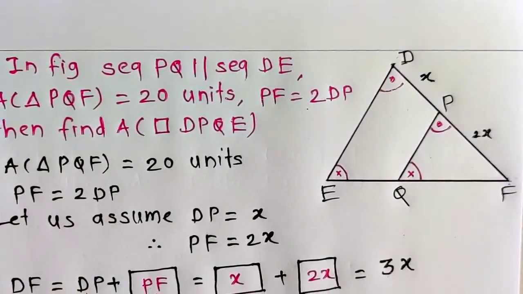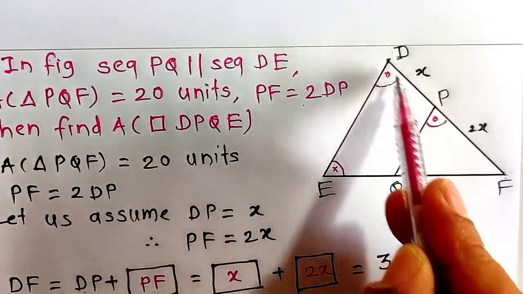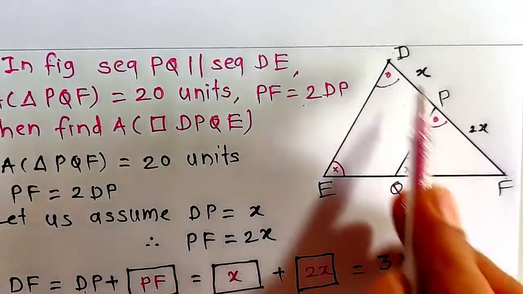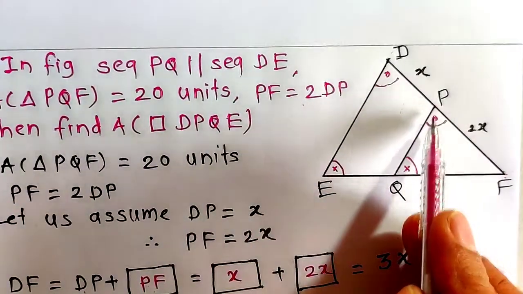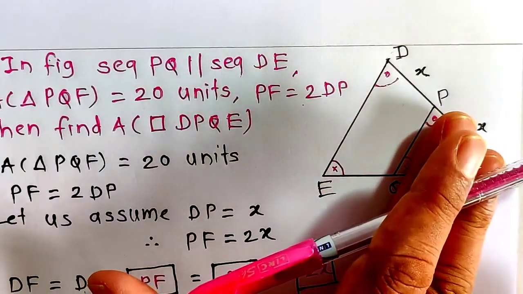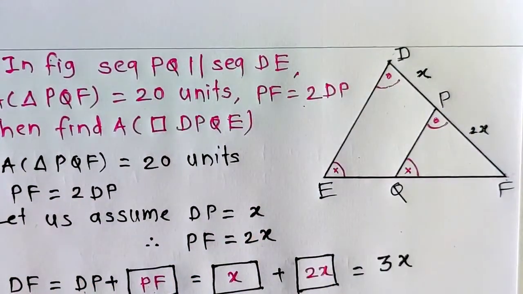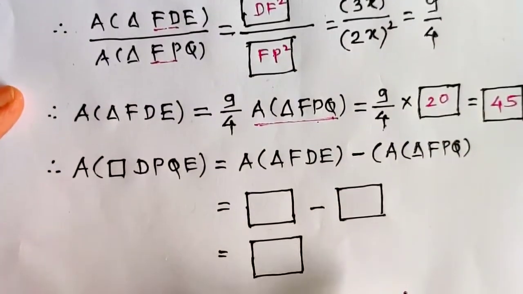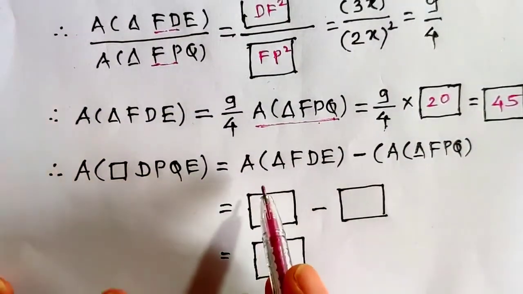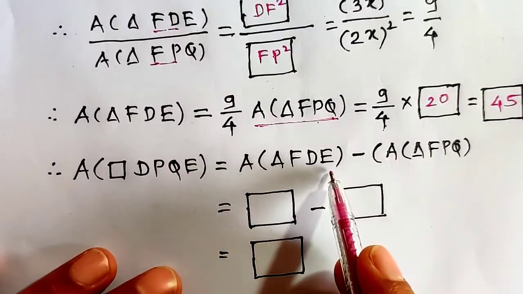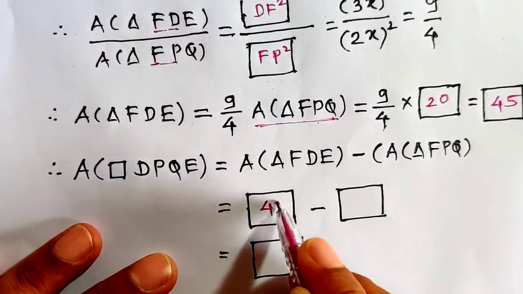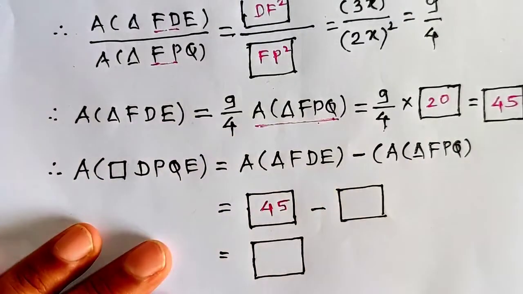Now if we observe our figure again, we have to find the area of this quadrilateral. This total triangle is FDE. If we subtract this triangle FPQ, then we get the area of this quadrilateral. So the same concept we have to use here. Area of quadrilateral DPQE is equal to area of triangle FDE, here it is 45, we found that area.